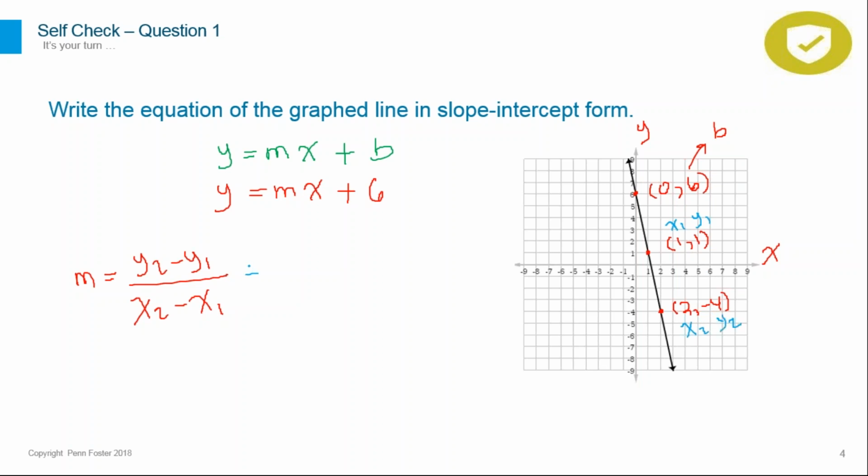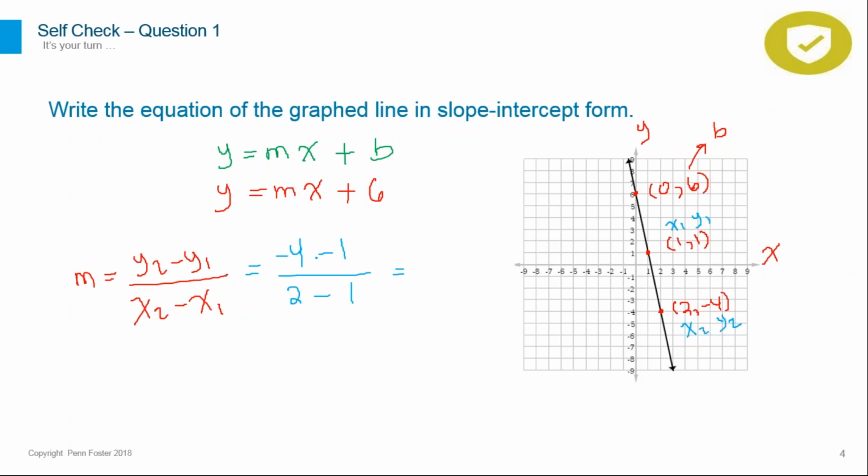Directly, we can plug in the numbers in the formula. y2 in this case would be -4. y1 would be 1, so it's minus 1, over x2 is 2 and then minus 1.